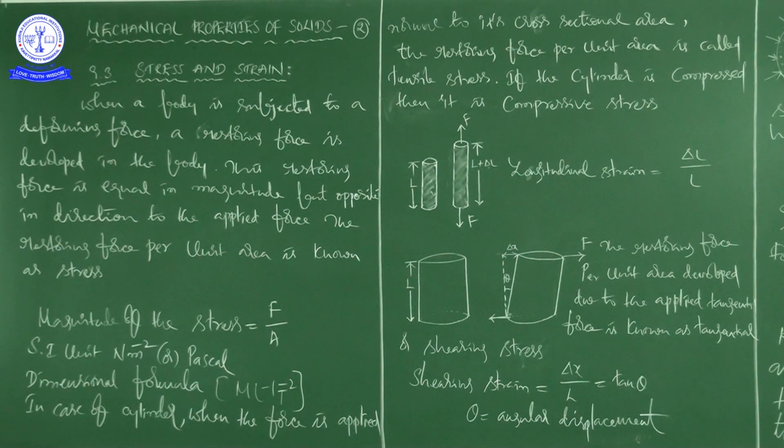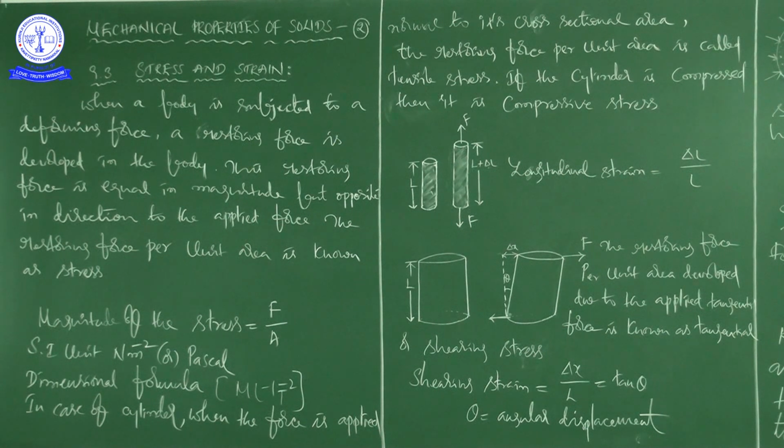Okay, right. Next, see here. There are 3 ways in which a solid may change its dimensions when an external force acts on it. Am I right or not? There are 3 ways, right?